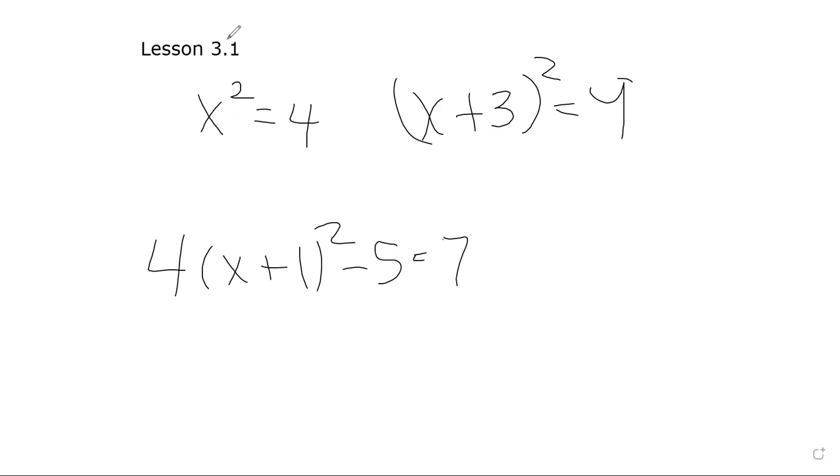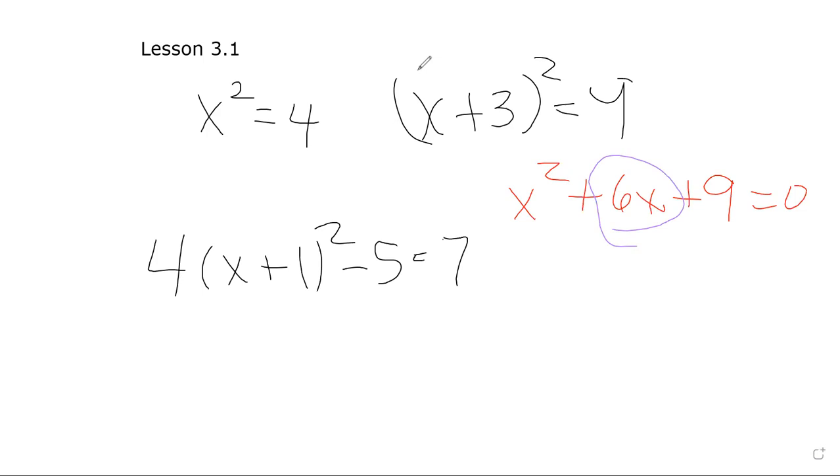One thing I want to show you, notice though, on all these problems, what you don't have. Okay, let me show you that. Let's say we have x squared plus 6x plus 9 equals 0. Notice it's got a trinomial. It's 3 terms.